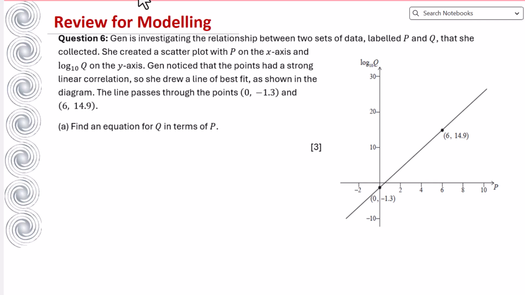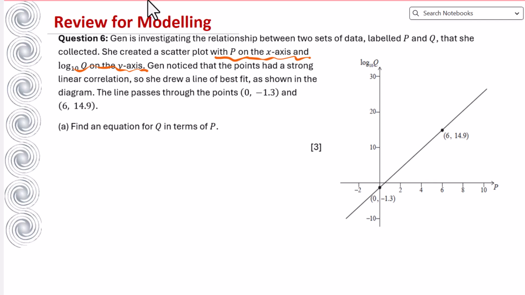Jane is investigating the relationship between two sets of data labeled P and Q that she collected. She created a scatter plot with P on the x-axis and the common log of Q on the y-axis.